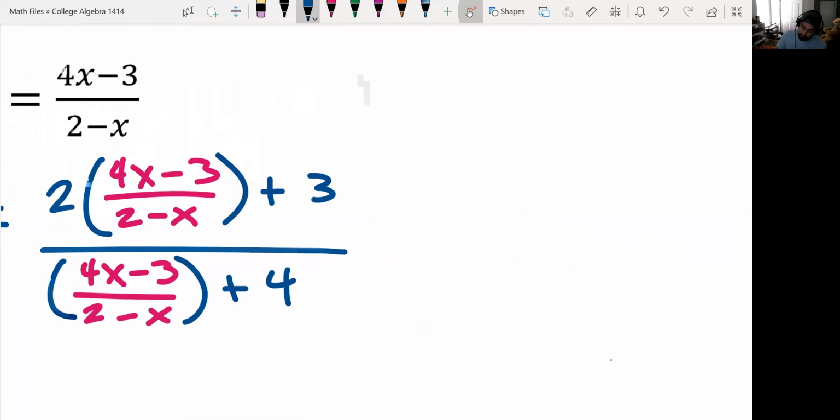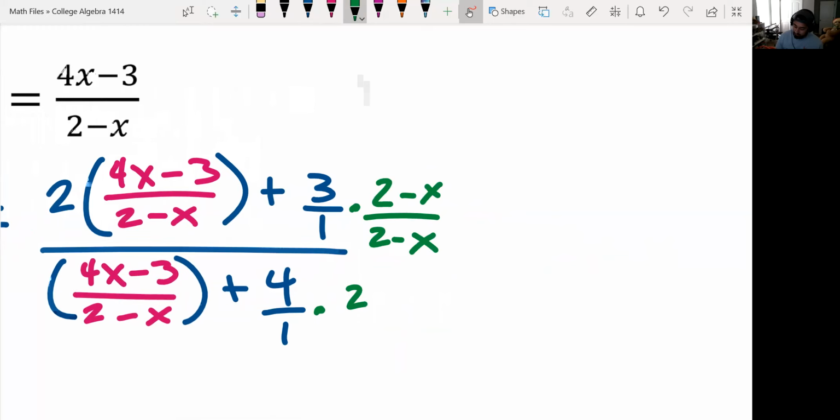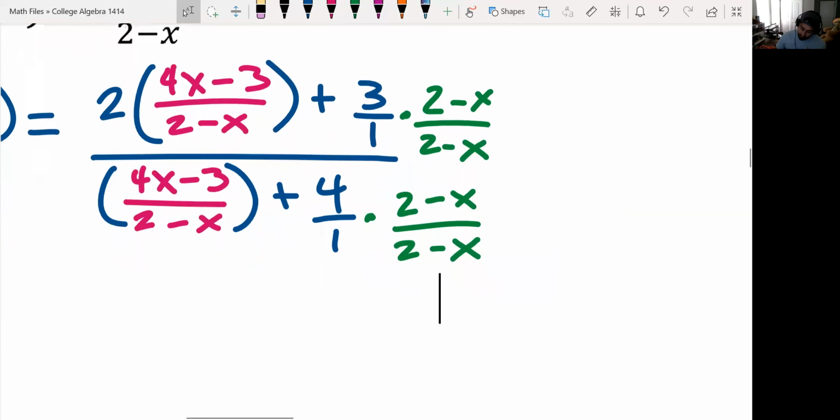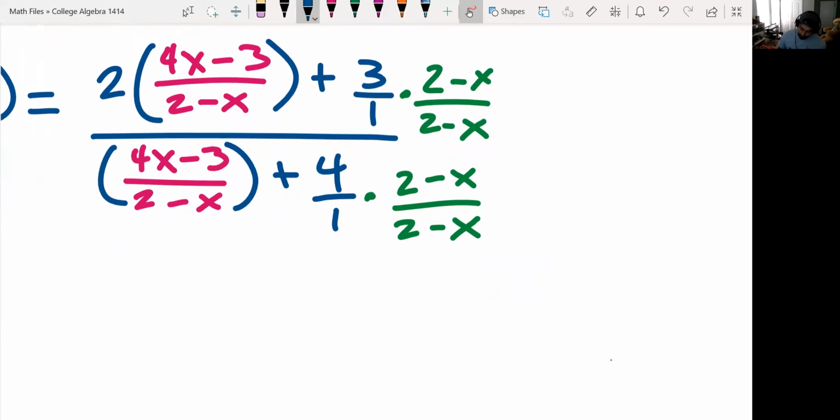So what I'm going to do first is put 3 over 1 and 4 over 1 and multiply by the common denominator of 2 minus x over 2 minus x. And same thing down here. Okay, next step, I'm going to distribute that 2 in the numerator, because I can even put this 2 over 1.